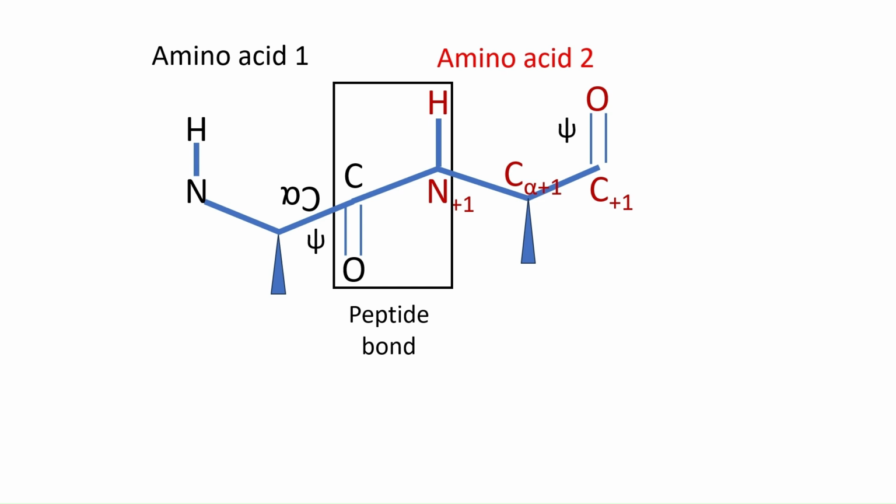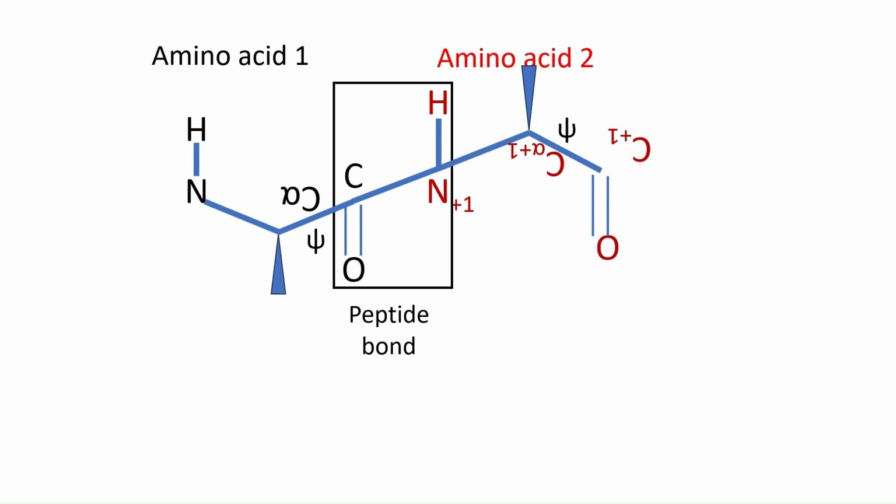Now the second bond which can be turned is the bond between alpha carbon and the nitrogen, like this. And the torsion angle defined by this bond is called phi.